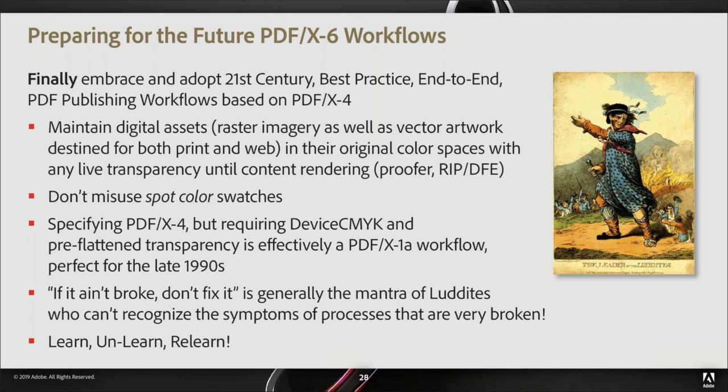You want to maintain your digital assets, raster imagery, as well as vector artwork, destined for both print and web in their original color spaces with any live transparency until it's actually rendered, whether the proofer or a RIP or DFE. In other words, don't convert to a final CMYK, don't flatten transparency, etc.